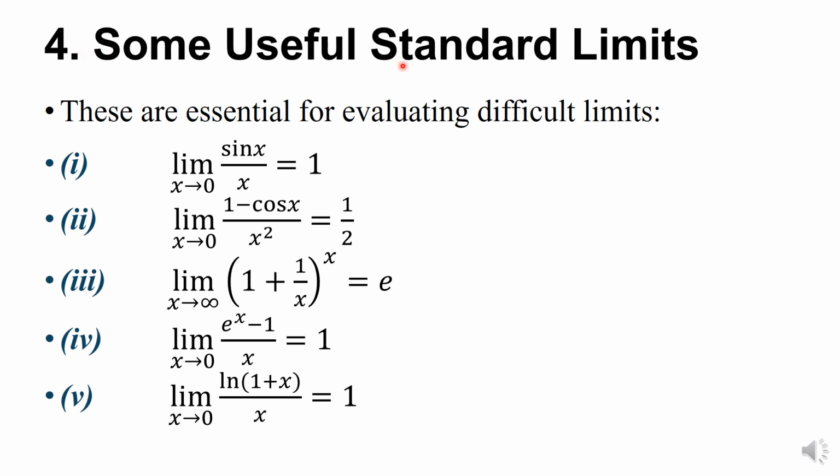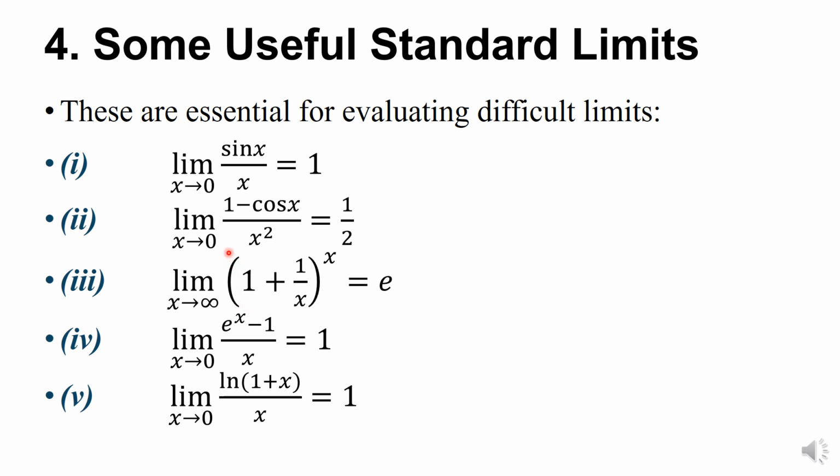Some useful standard limits. These are essential for evaluating difficult limits. Limit x tends to 0, sin x upon x equal to 1. Limit x tends to 0, 1 minus cos x upon x square equal to 1 upon 2.